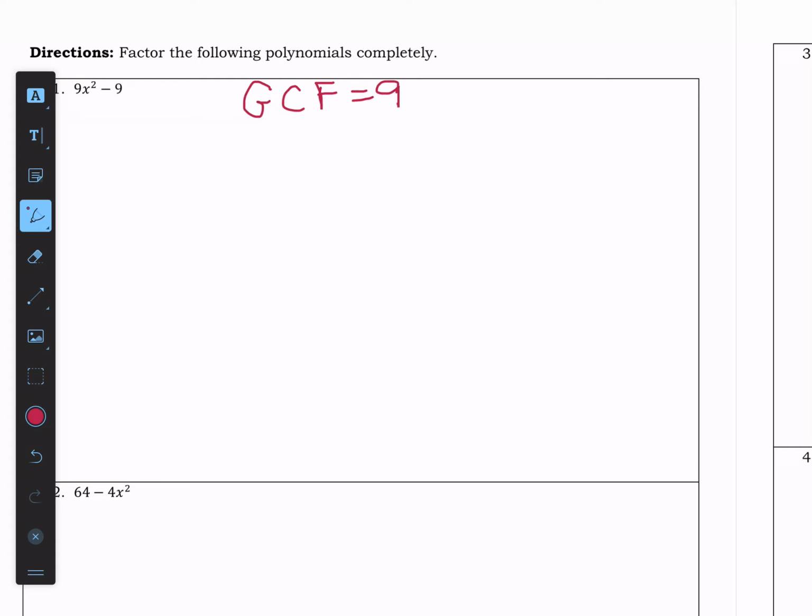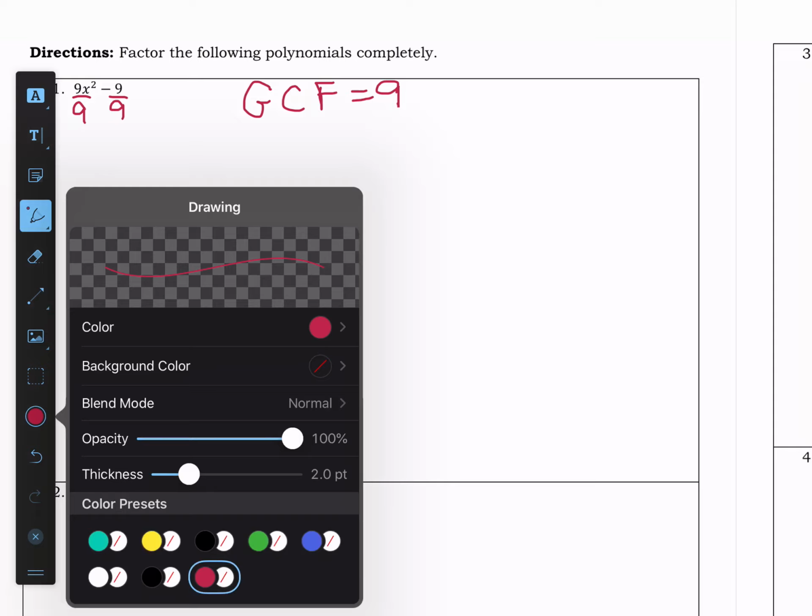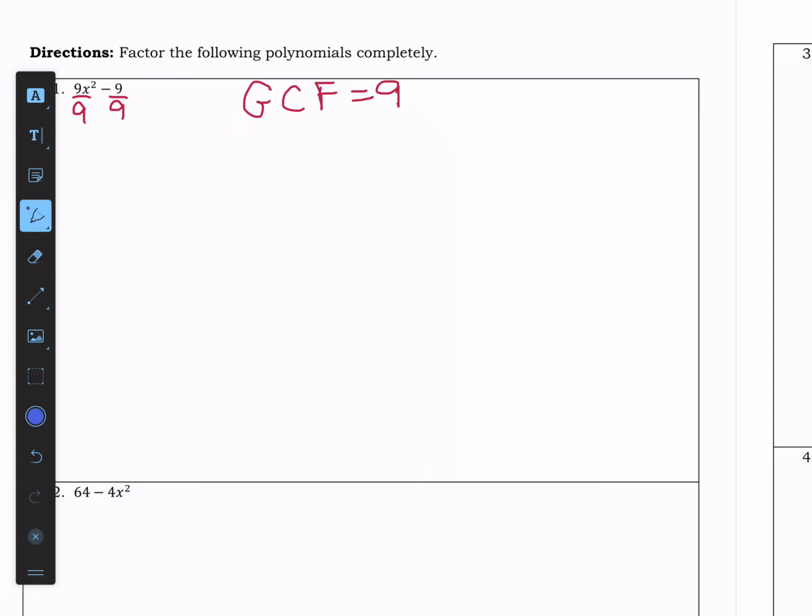So I'm going to go back to my original problem, and we're going to divide each one of our pieces by 9, okay? So when we do that, now 9 divided by 9, I know that a lot of times we say cancels out, but really what's happening is it's reducing to 1, but you don't need to write that. You can just leave the x squared, minus, now 9 divided by 9, it doesn't just disappear, it becomes 1, okay?